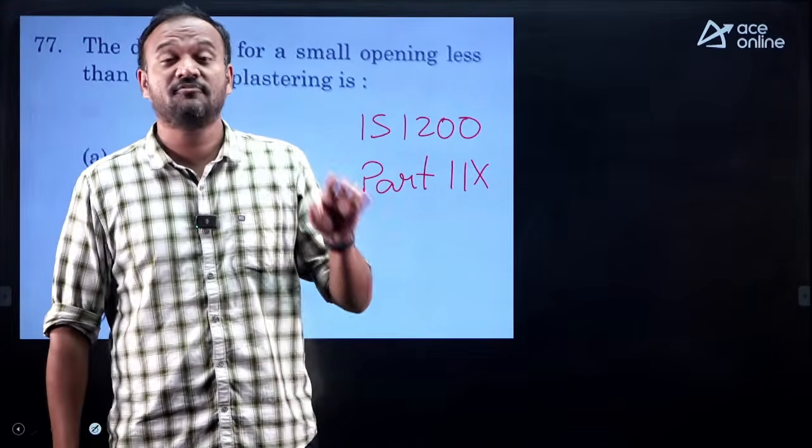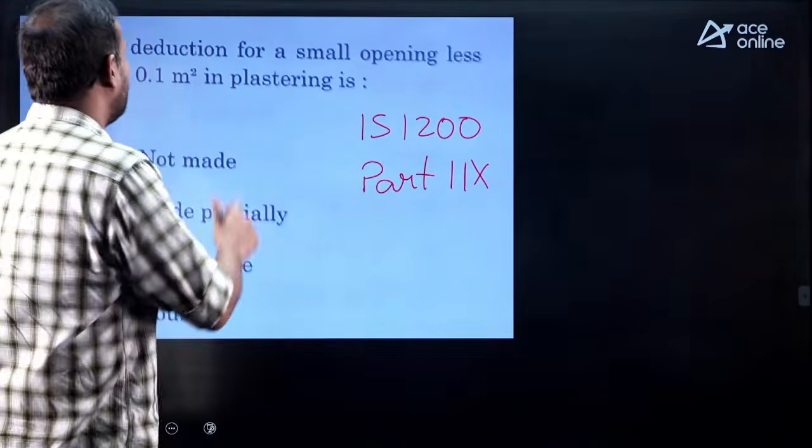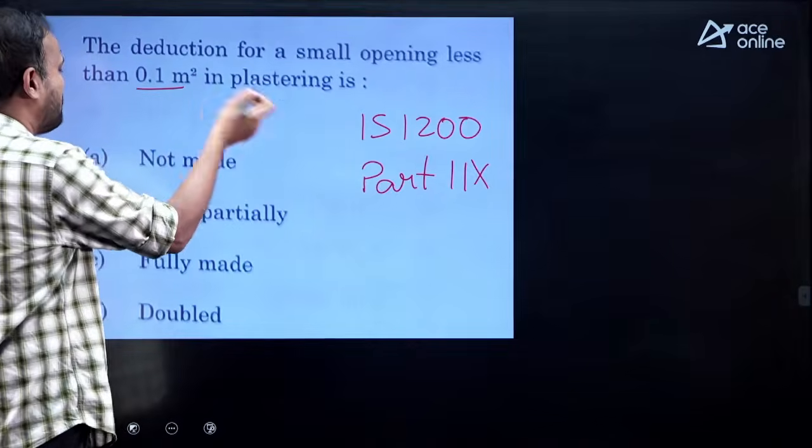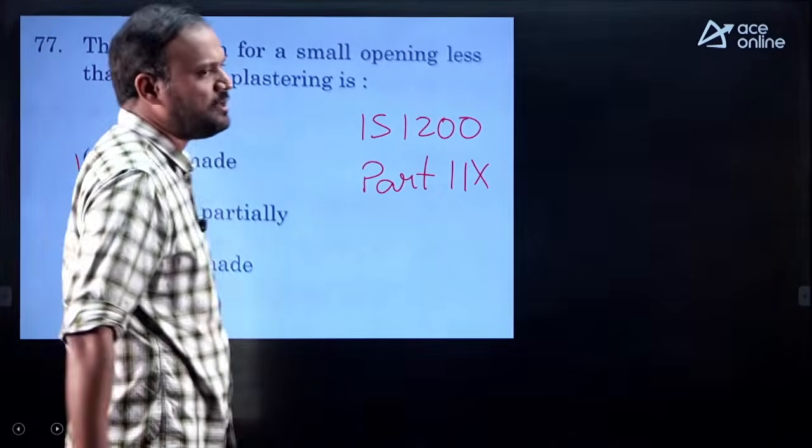So for 0.1, no deductions have to be made.